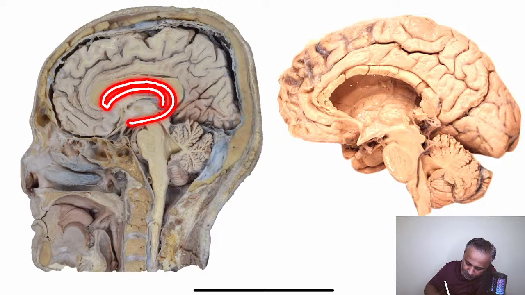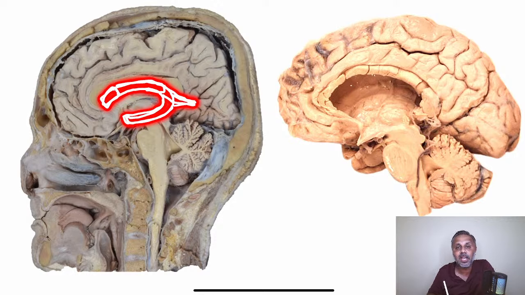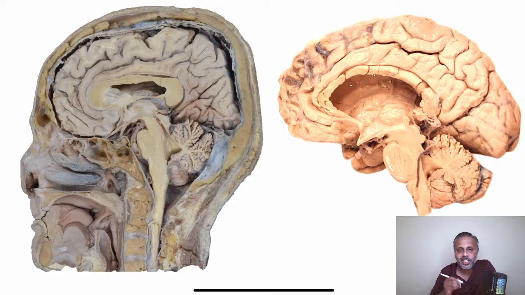So the lateral ventricle basically looks like this, and it has one more horn which goes into the occipital lobe. This is the anterior horn of the lateral ventricle. Then there is the body of the lateral ventricle. Then there is the posterior horn, and then there is the inferior horn, which goes on to the temporal lobe. So this C-shaped structure is your lateral ventricle.